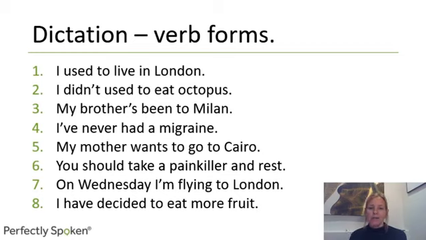And number 8, I have decided to eat more fruit. So here you've got present perfect plus the infinitive after decide. I decided to go. I decided to eat. I decided to phone him. So you've got another verb pattern there.